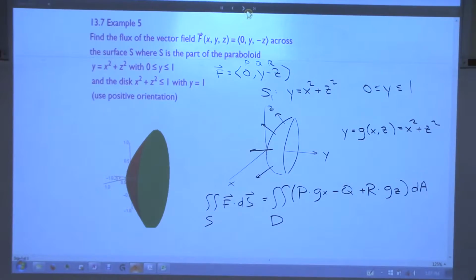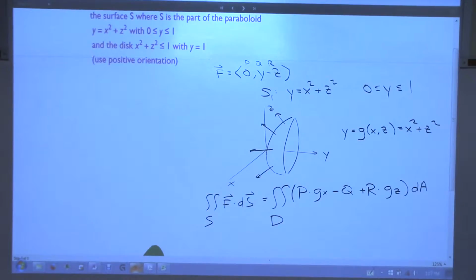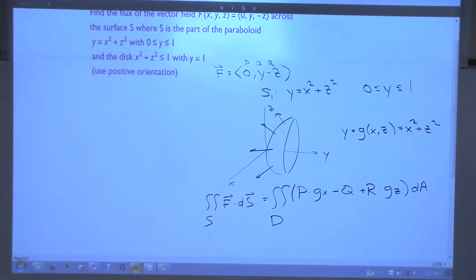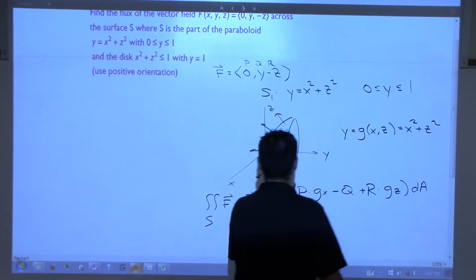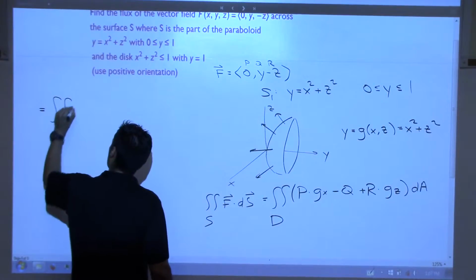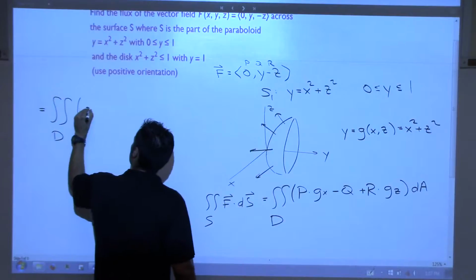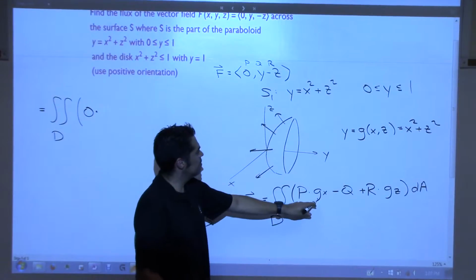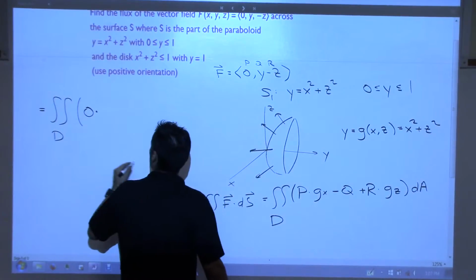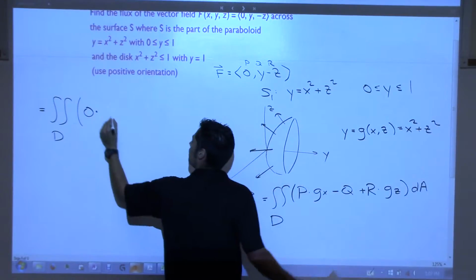No? All right, let's plug some stuff in here. This should be pretty clean. All right, so this should become equal to the double integral over D of what's P? 0, that's nice. 0 times, and just for fun, what's the partial of g with respect to x? 2x, right?